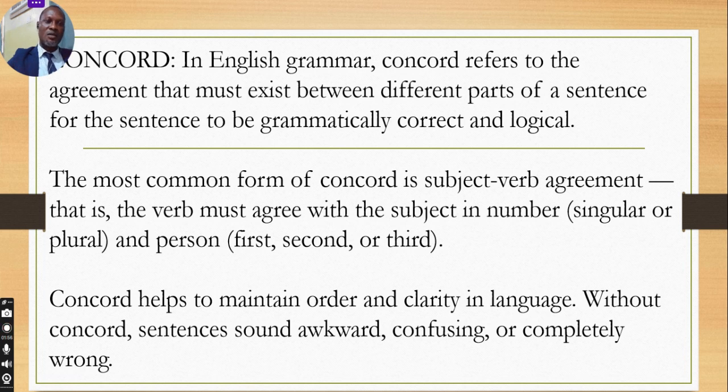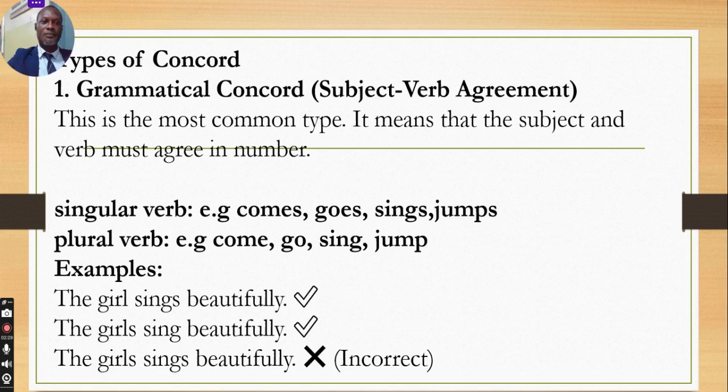So when we're talking of number, maybe a singular person or plural persons, or in terms of first person, second person, or third person, as the case may be. So concord helps an individual to maintain orderliness and clarity in language. Without concord, sentences sound awkward, confusing, and completely wrong.